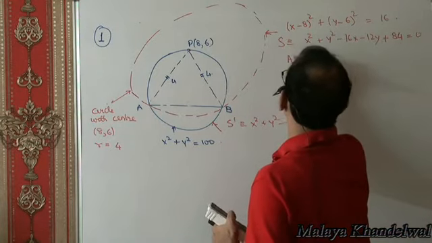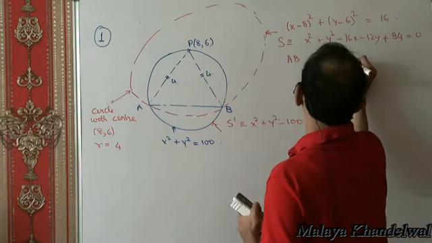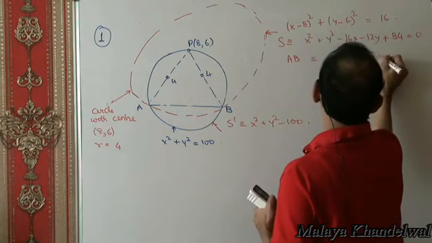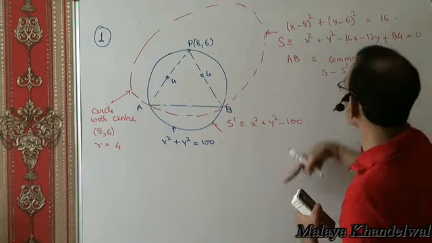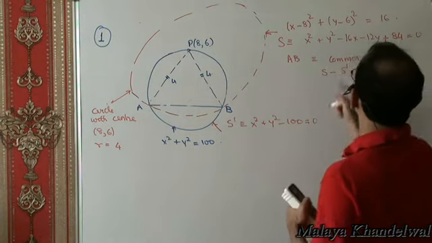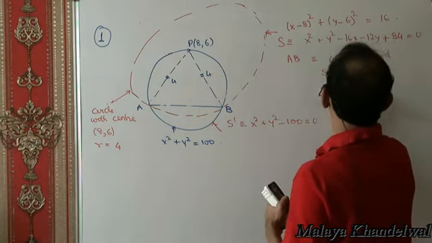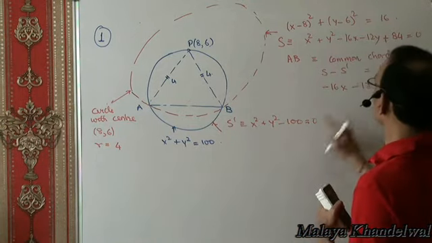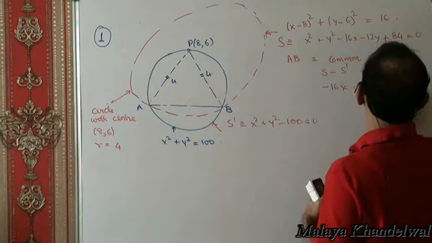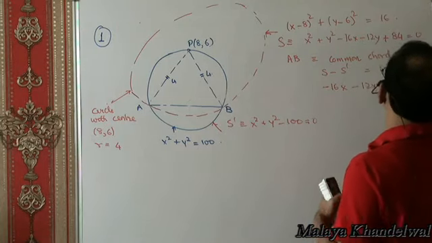Equation of the common chord of two circles, S equal to 0 and S prime equal to 0, AB the common chord, is going to be S minus S prime equal to 0. S minus S prime equal to 0 is like 16x minus 12y plus 84 plus 100, that is 184, equal to 0.